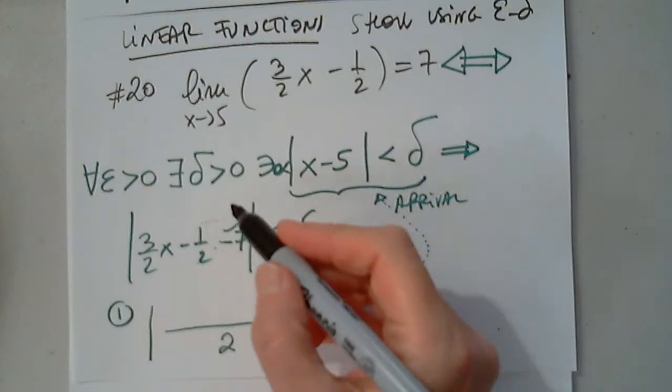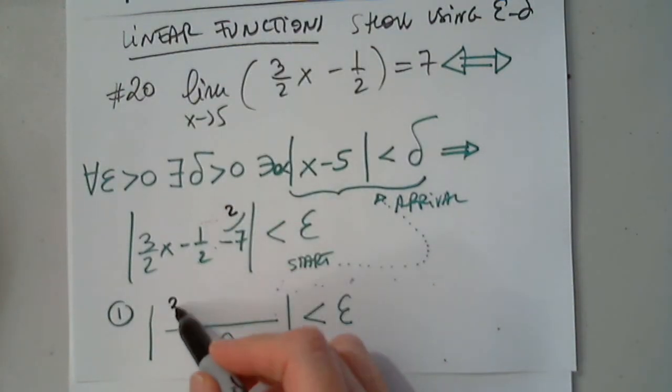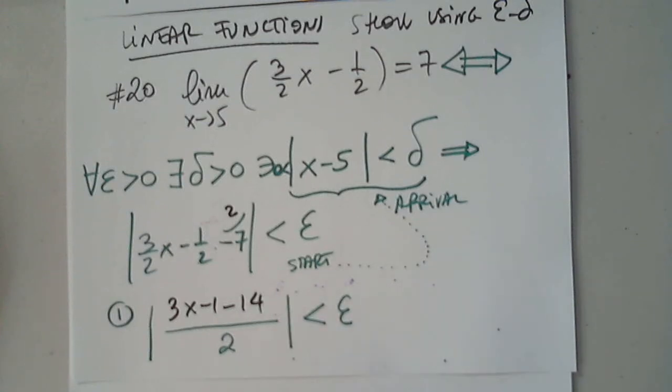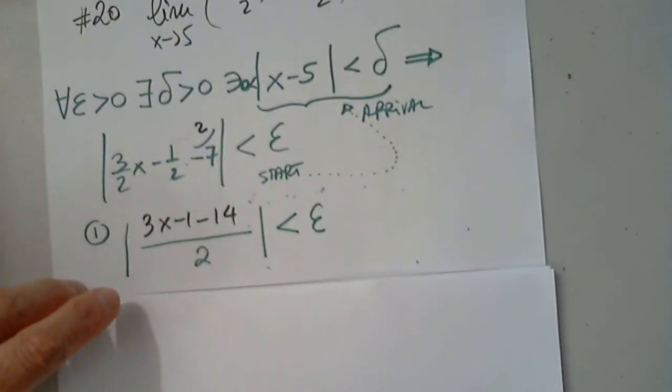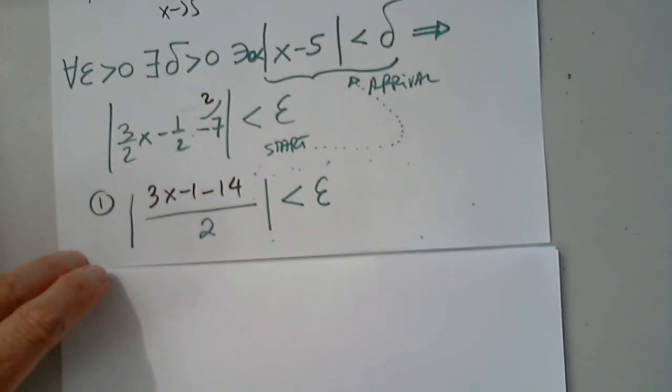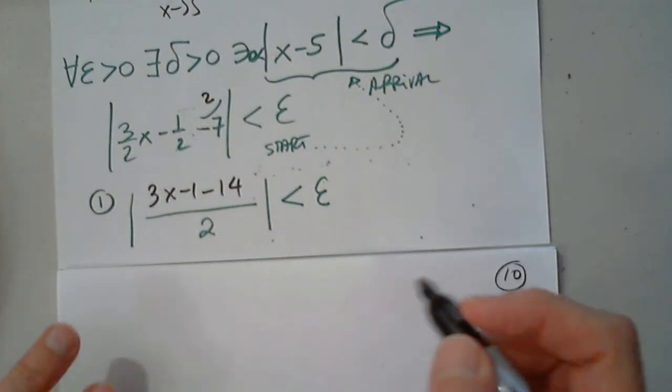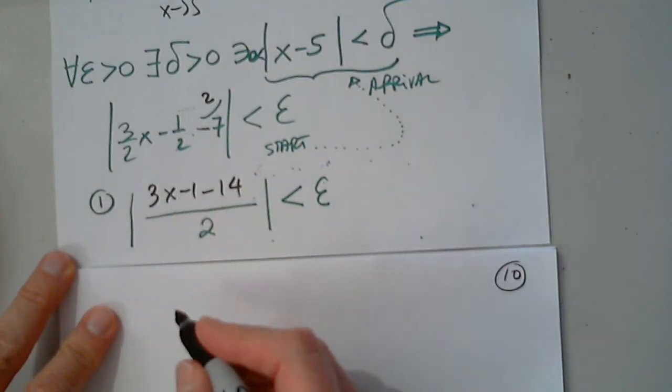For the least common. Minus 1 minus 14. Very good. So 3x minus 1 minus 14. Awesome. Everyone understands that, I think? Yes? Please stop me if you don't. Okay. Good. Next step. I have 3x minus 15.